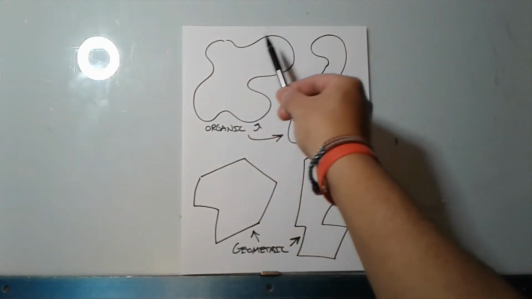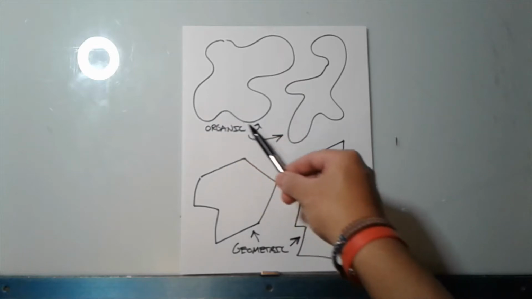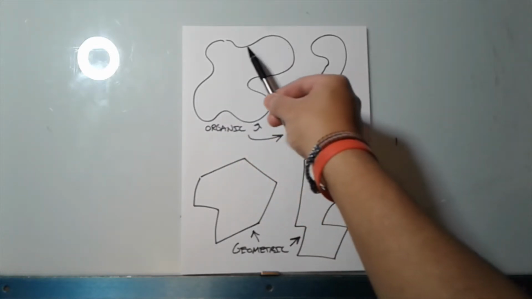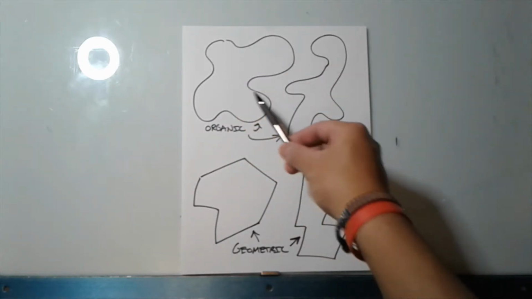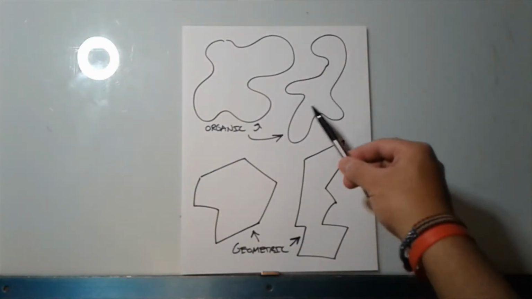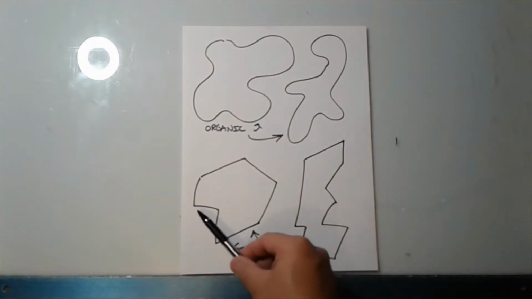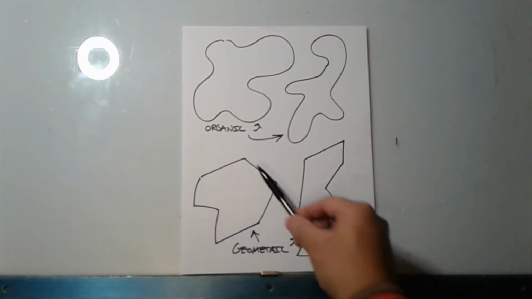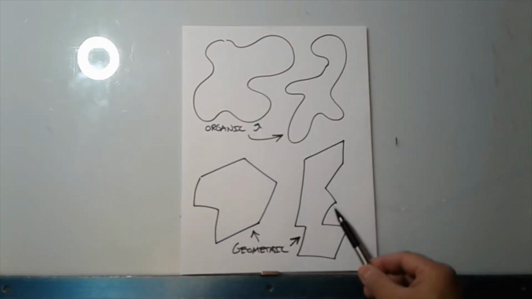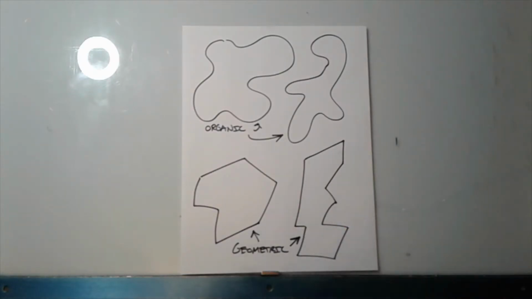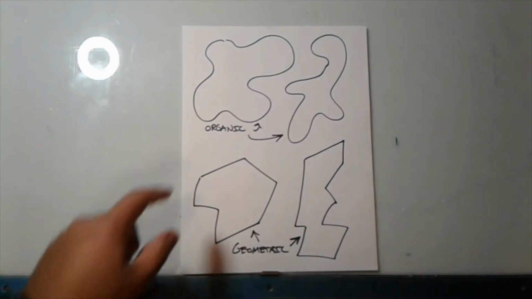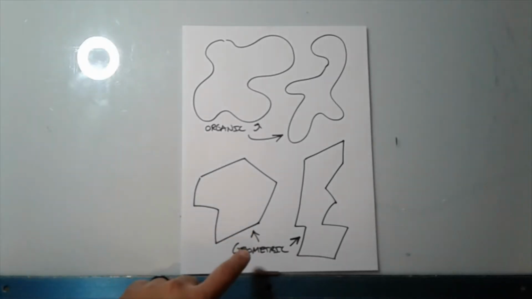And it kind of reflects in our shapes. They're rounded, like living things tend to be. There's bumps, there's curves. Same thing on this one over here. Geometric shapes tend to have points, corners, angles, straight lines. Alright, so that's the difference between organic and geometric.